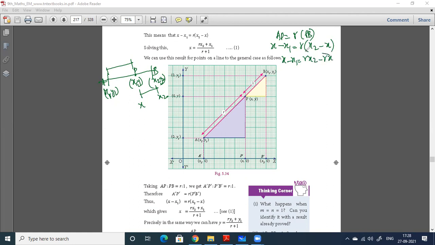Okay. Take rx to the other side. x plus rx equals rx2 plus x1, with x1 taken to this side. Now r into 1 plus x, on the left side, equal to rx2 plus x1.